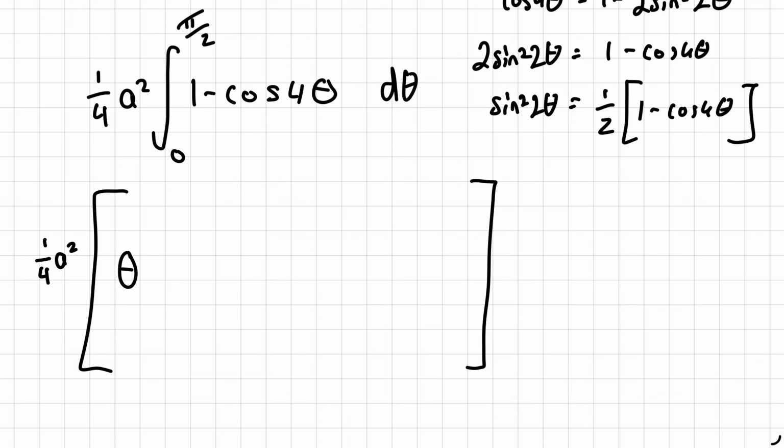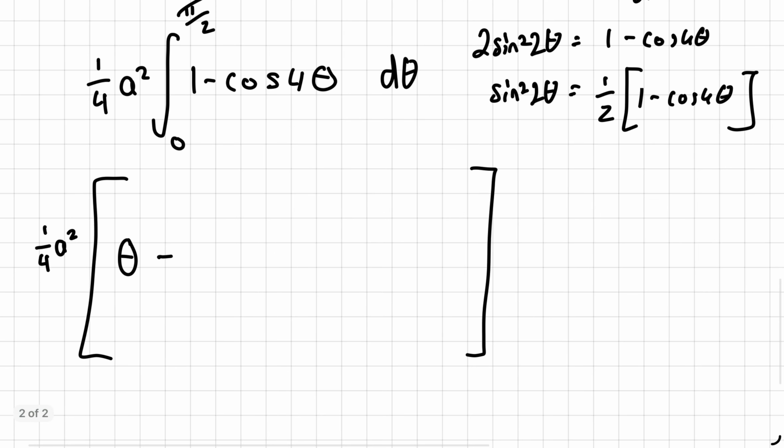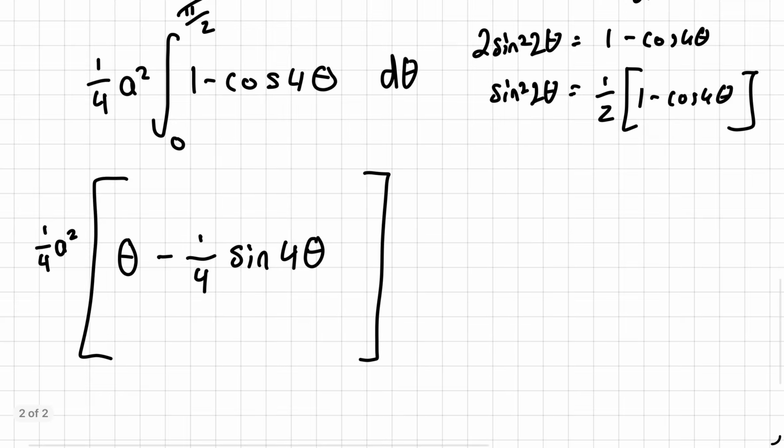So I get theta minus, well, cos will integrate up to sine. But we've got the 4 theta, so we're going to have a quarter sine 4 theta there. Okay, we can bring that in. Right. And our limits are pi over 2, 0.